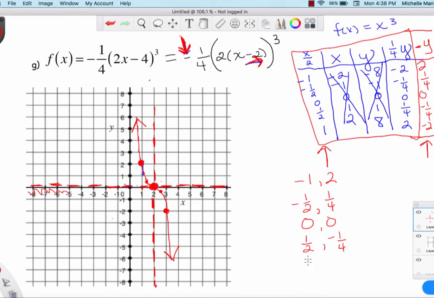And then finally 1, negative 2, over 1, down 2. And keeping in mind that this is using our new fake XY axis with these ordered pairs right here, not off of the original. So back 1 from my new origin, up 2, back a half, up a quarter, over a half, down a quarter, and over 1, down 2.